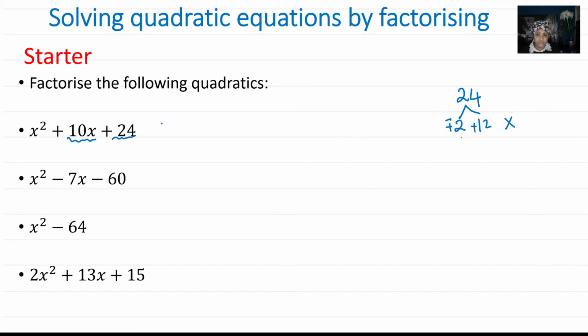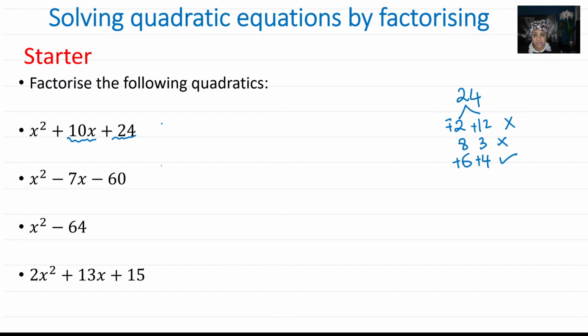Well, I know I can do 8 times 3. Will 8 times 3 work? Well, this will not add up to 10, so this will not work. And then I've got 6 times 4. Yes, 6 times 4 does work, and they're both positive, so 6 plus 4 is 10. I can have these two numbers.